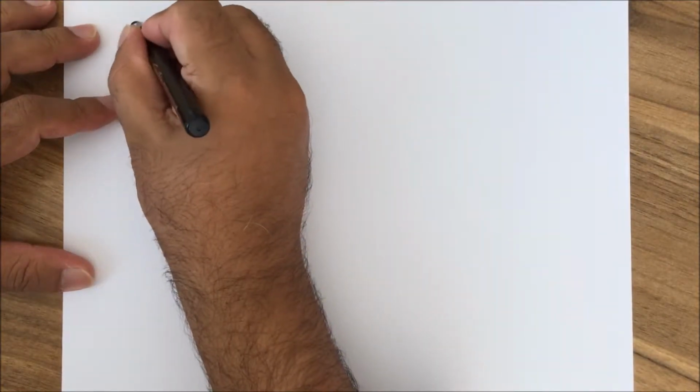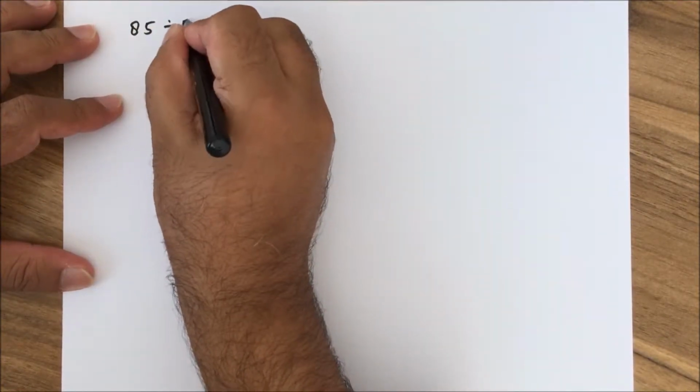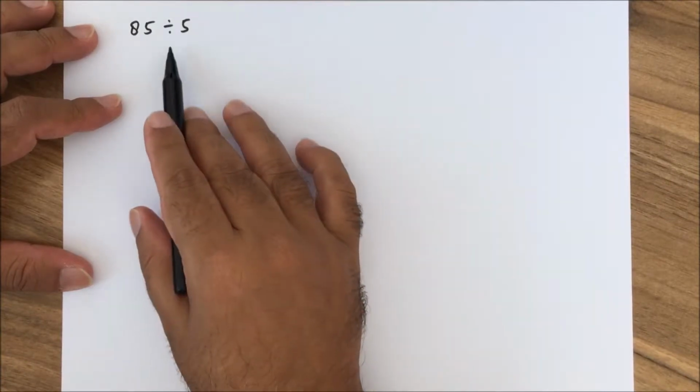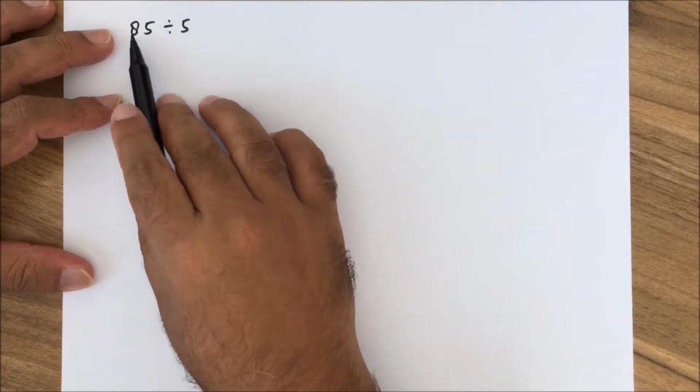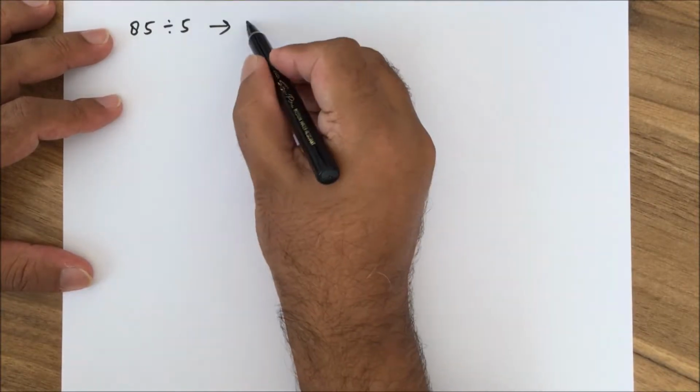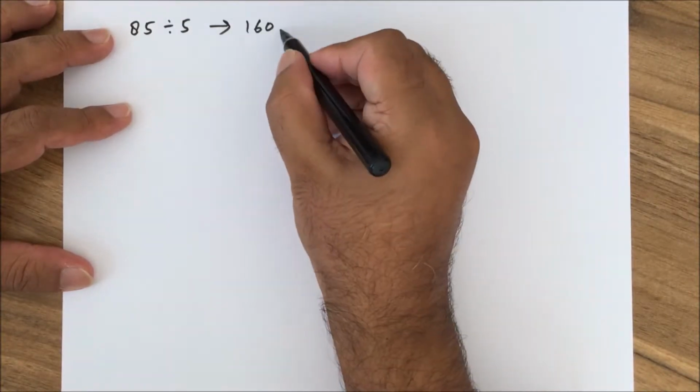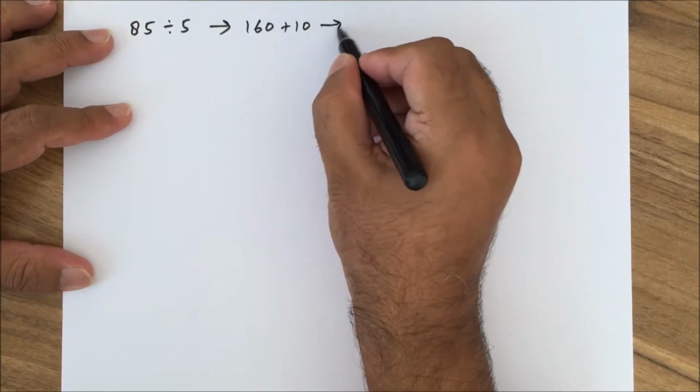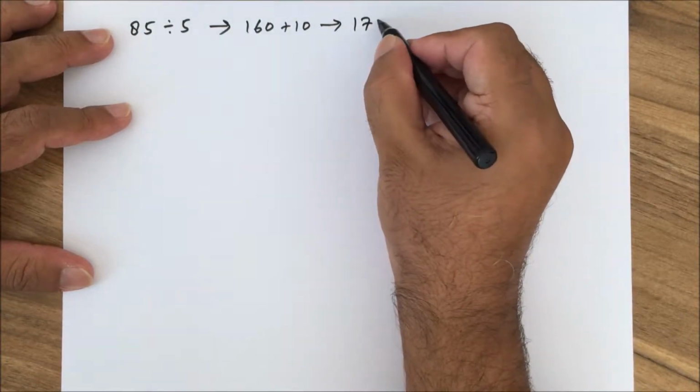Okay, let's do 85 divided by 5. Now when we divide by 5, we double the number. Double of 85 is, double of 80 is 160 and double of 5 is 10. So it will become 170.